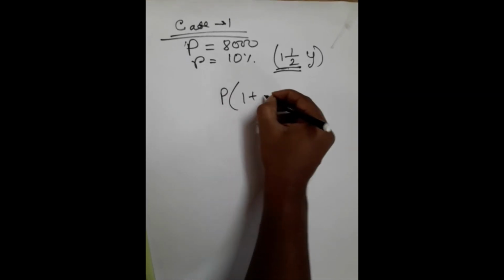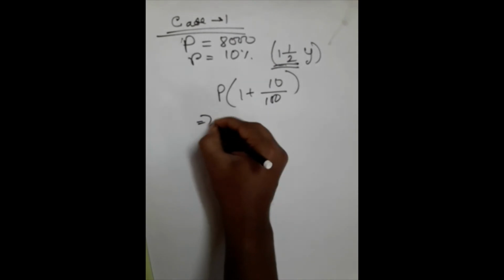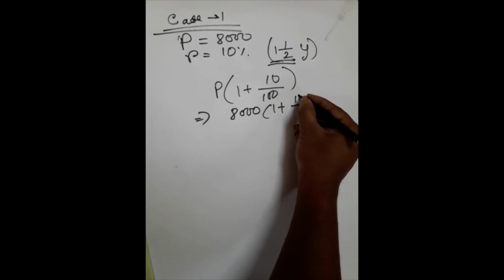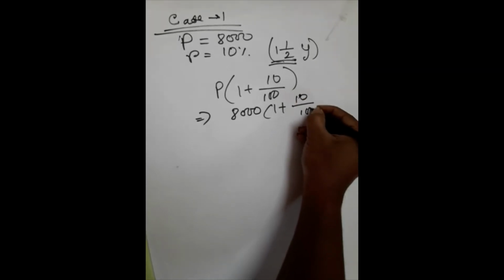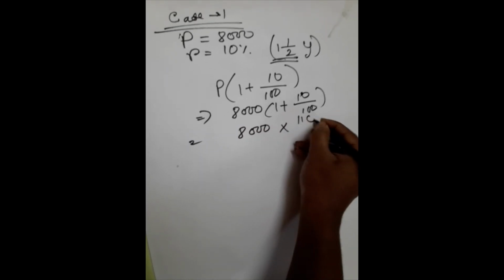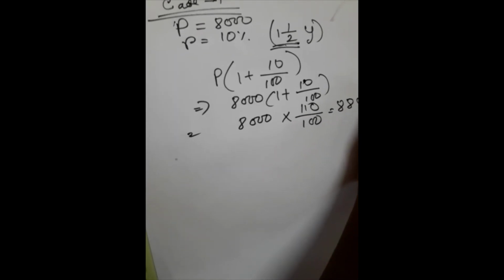Then P into (1 plus 10 by 100) is equal to 8,000 into 110 by 100, and the answer is 8800 rupees. Then this is calculated for only 1 year.